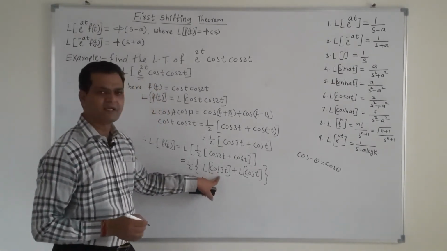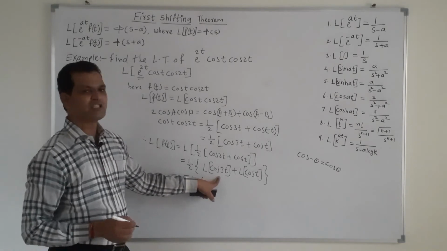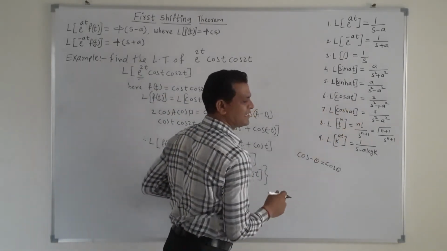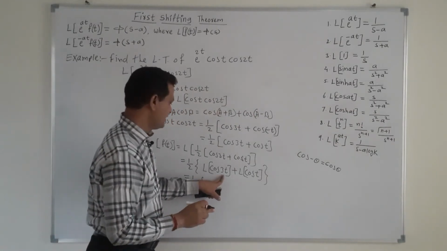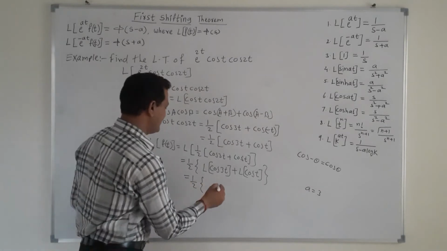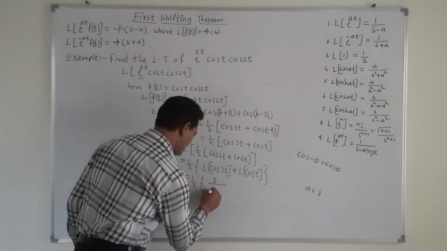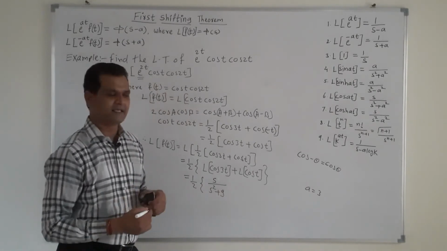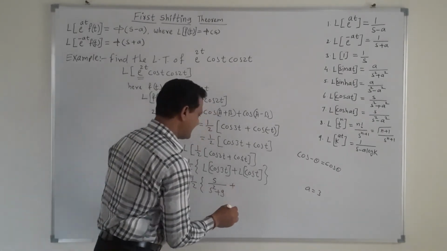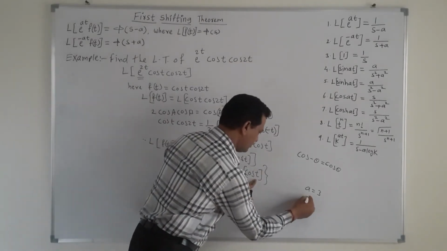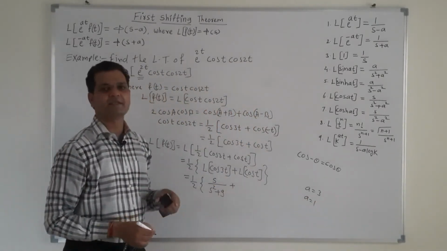Moreover we can write this as 1 upon 2. Then this is in our standard form: the Laplace transformation of cos of at is s upon s square plus a square. Here the value of a is 3, so we write s upon s square plus 3 square, which is 9, plus, again of the form cos of at, but here the value of a for the second term is 1.